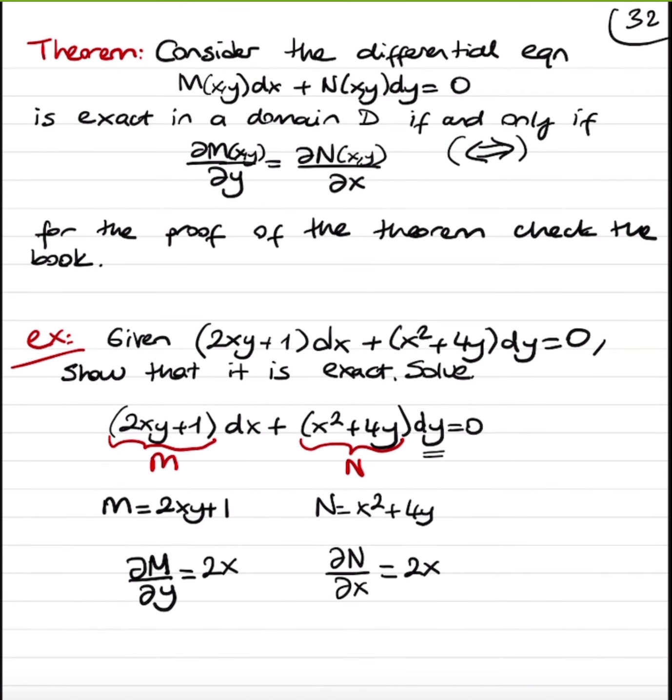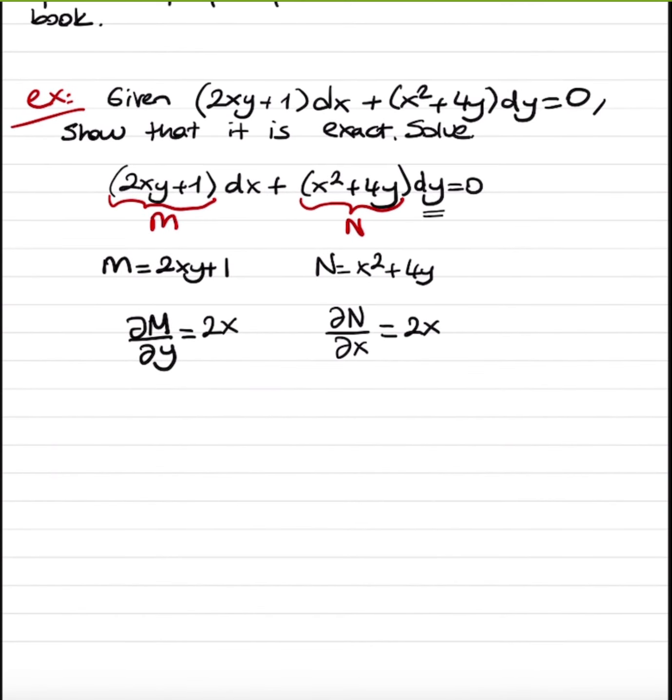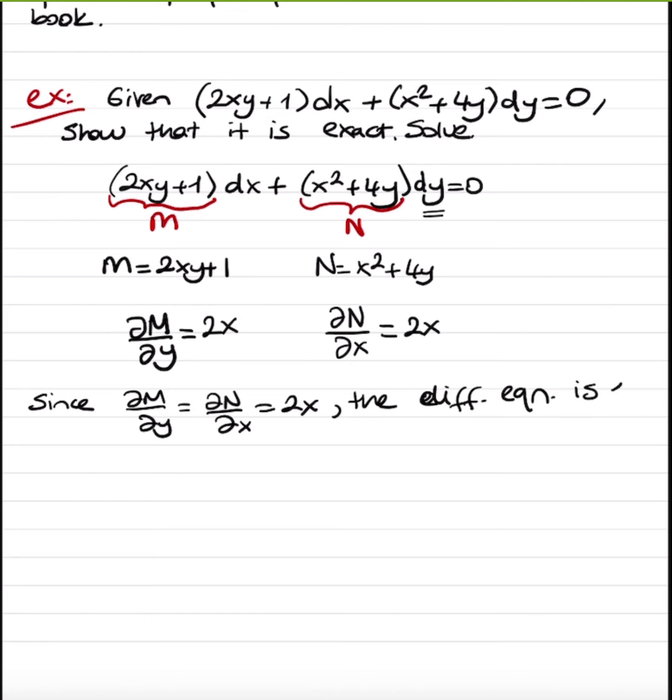The theorem says that the equation is exact if and only if these partial derivatives are equal, and in our case they are equal. So since del M over del y is equal to del N over del x is equal to 2x, by the theorem the differential equation is exact.